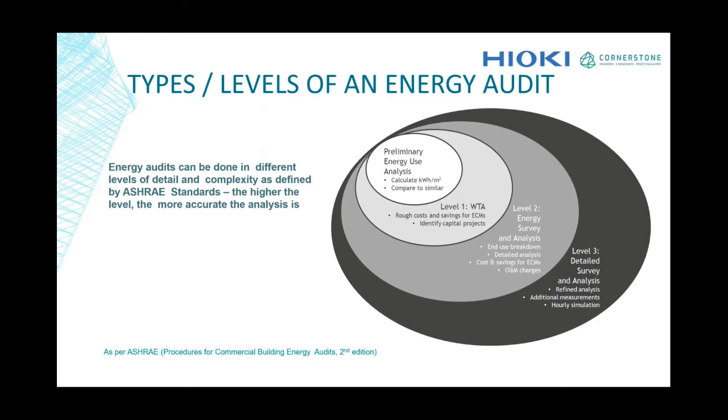It depends on the building type, but the idea is that more data is taken for each system, and things like hourly simulation are done to see the building's cooling or heating load requirement based on the season and the area it's located in. All of this is taken into consideration in level 3. So level 3 is basically the highest level of accuracy that you can get from an energy audit.